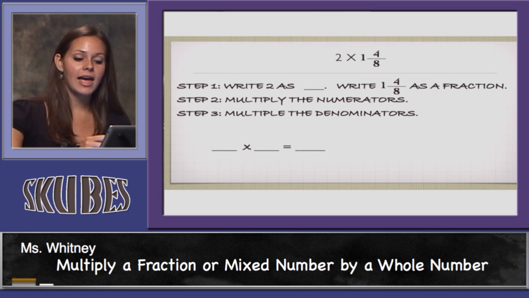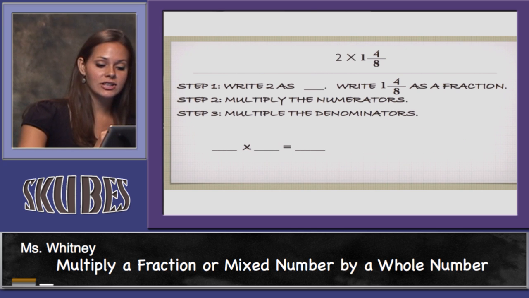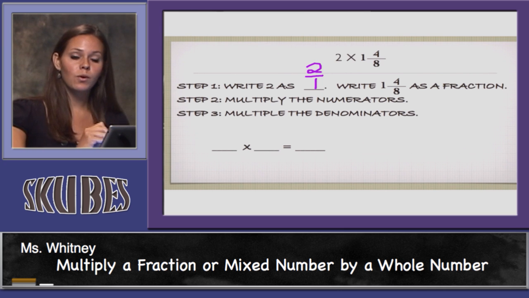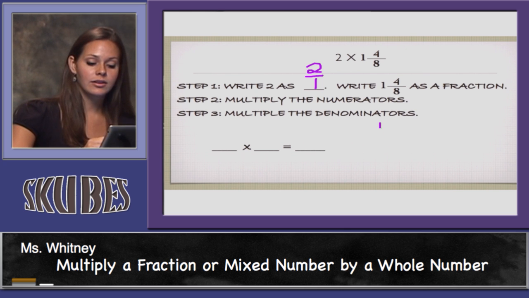Now let's try multiplying a whole number times a mixed number. We'll first write our whole number as a fraction. So 2 over 1 times 1 and 4/8. We need to write 1 and 4/8 as a fraction.